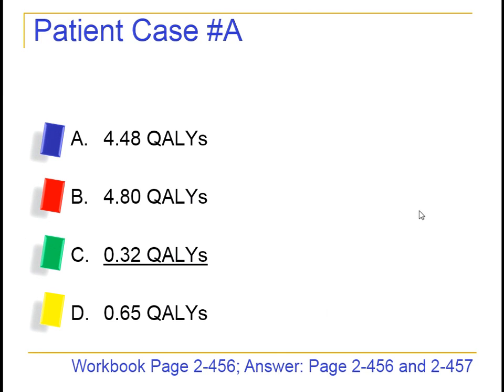And this is over a very long time period, so you can imagine how small these numbers are for an acute illness such as nausea and vomiting from chemotherapy.